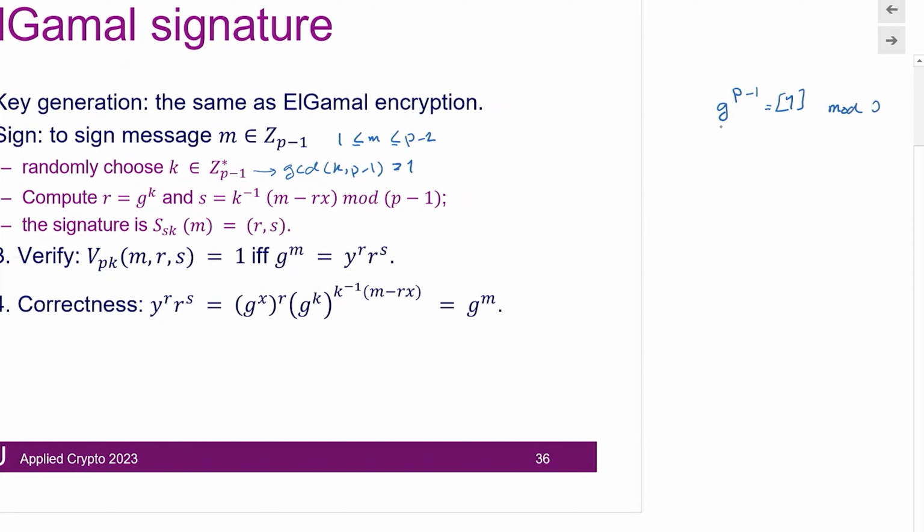Remember that if you take any element and raise it to the power of the order of this group, you get 1. We have p, so we have p minus 1 elements, we don't have 0. So whenever we take any element from Z_p star and raise it to the power p minus 1, we get 1.